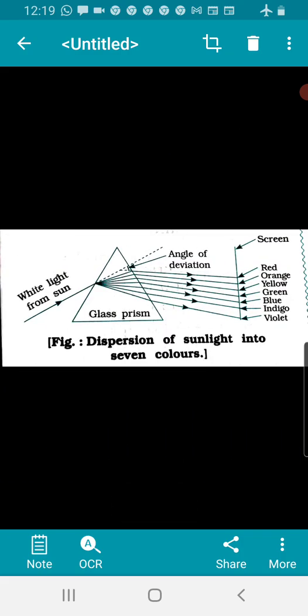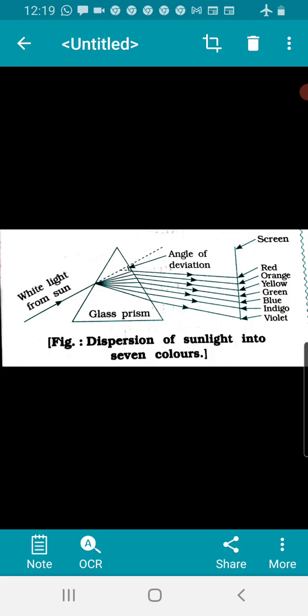Now, the next one: you have seen the rainbow in the sky. You might have noticed that it appears usually after the rain when the sun is low in the sky. How is the rainbow formed? Generally, after rain in the morning and evening, the rainbow appears in the sky.